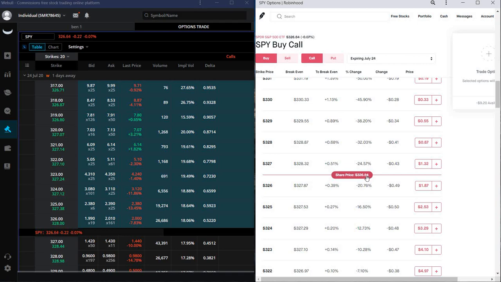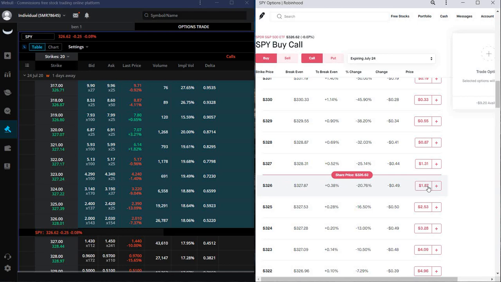Anything below the current price is an in-the-money option. So if you were to buy a call, which is hoping that the price is going to go up, with an expiration date of July 24th, this is already in the money.